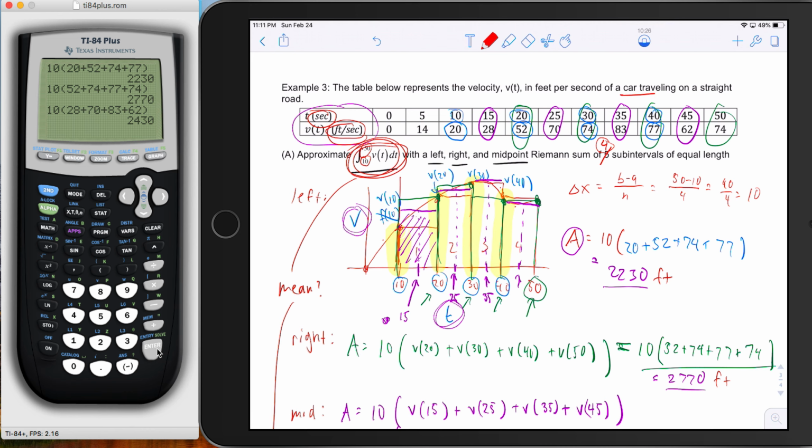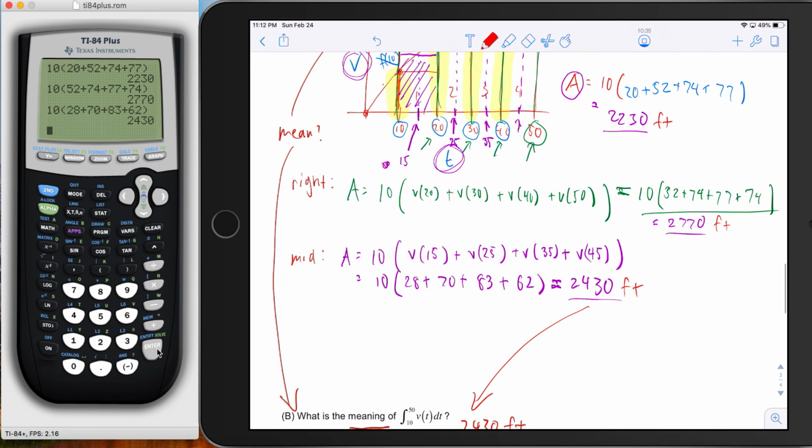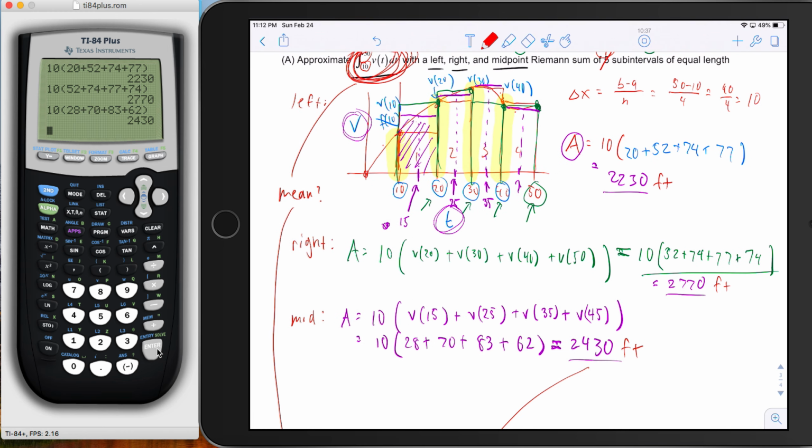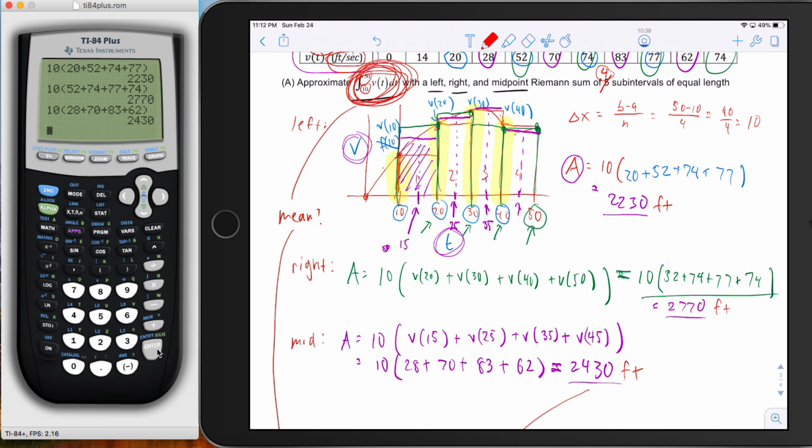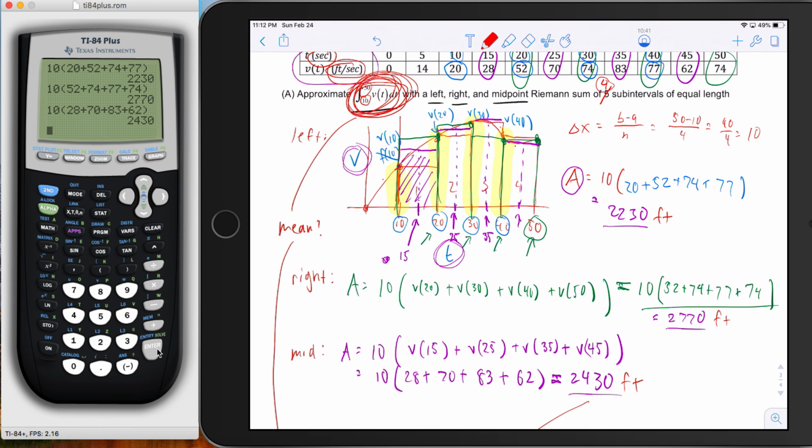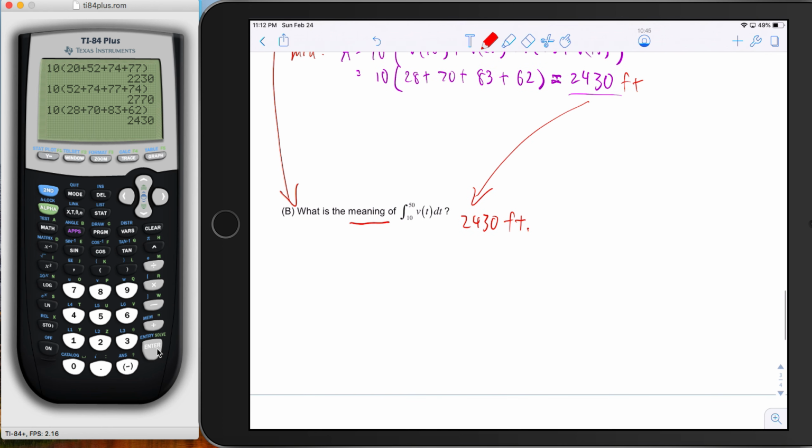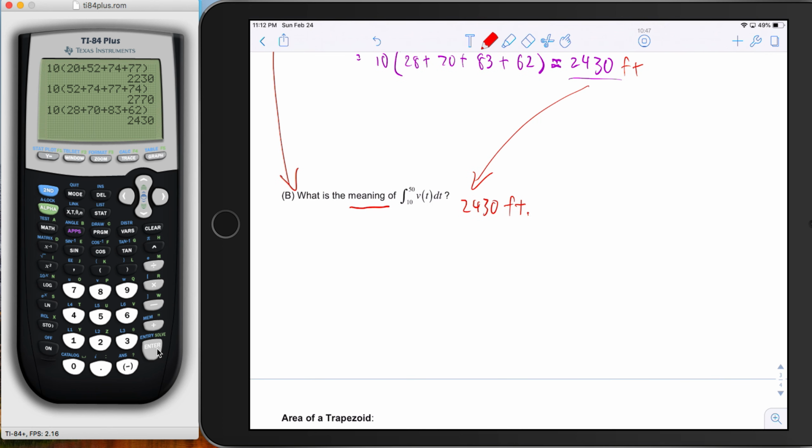So we have a car traveling, and we calculate and approximate this value, and we find that it's feet. So what does the area under this curve mean? It means feet, but what does it actually mean?